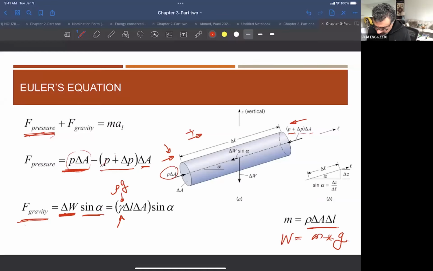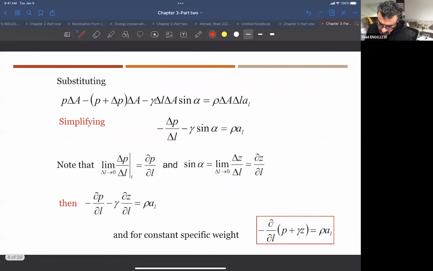So if gravity is that much, if pressure is that much, now I just put the whole equation equal to the mass times acceleration, right? So this term here will be gone with this, and this will be delta B delta A, right? There's going to be gamma delta L delta A sine alpha, this term here.